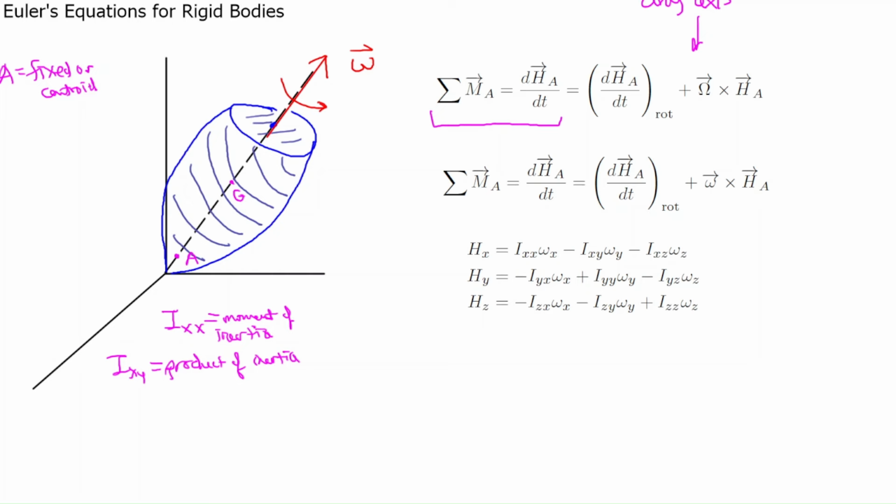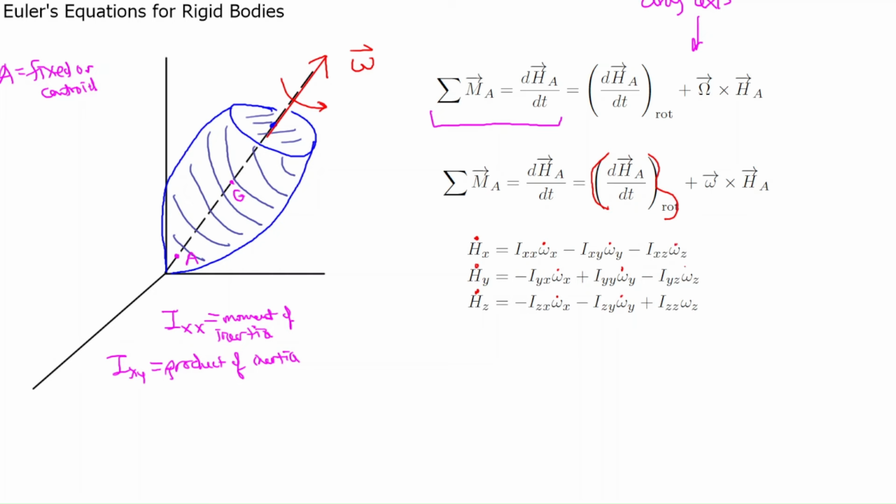When we take time derivatives, I will just use a dot notation here to stand for the rotating frame derivatives. Then all we need to worry about are the time derivatives of the components of omega.